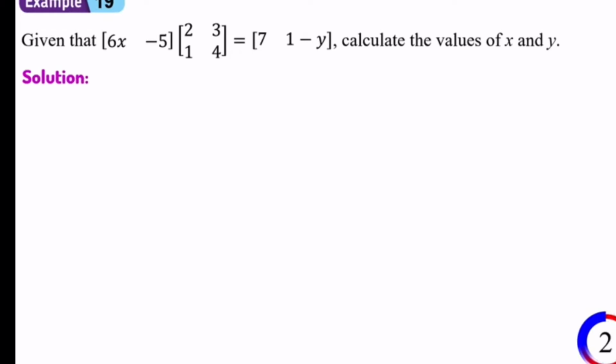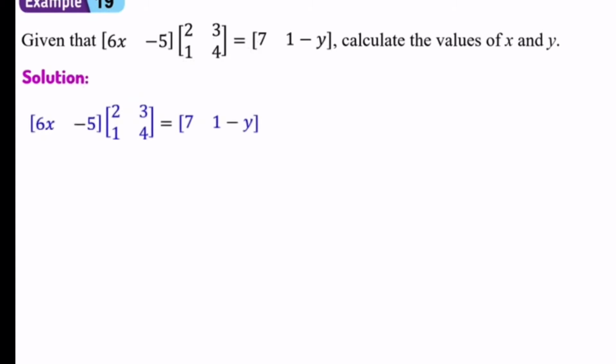Okay, let's see another example. For this one, you're given 6x, negative 5 and then 2, 3, 1, 4 is equal to 7, 1, negative y. So let's multiply the two matrices before we refer to the answer.